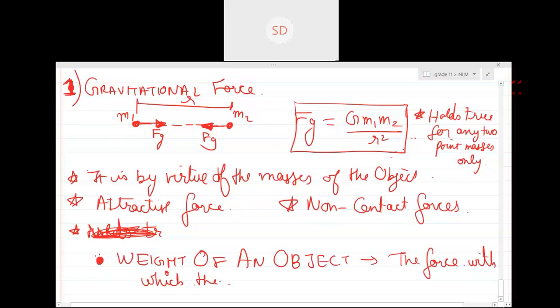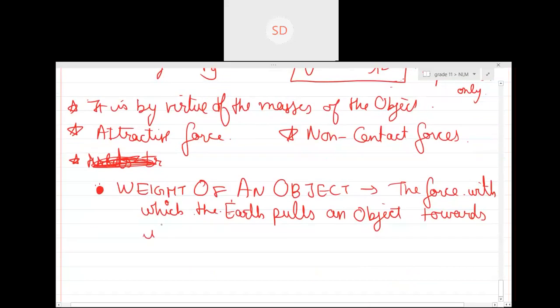The weight of an object is basically the force with which the earth pulls an object towards its center. Okay?